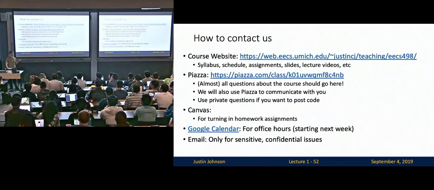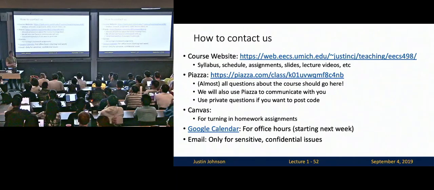So we will have Canvas. I think I need to set that up still this week. But we're going to use Canvas primarily for just turning in assignments. Mostly we'll be using Piazza and the course website for this class. We will have office hours, both me and the GSIs, starting next week. And you'll be able to find the times and locations of the office hours on the Google Calendar that I set up here.